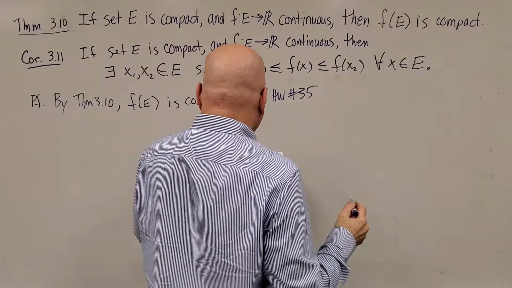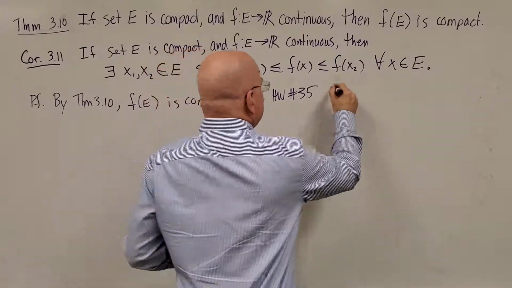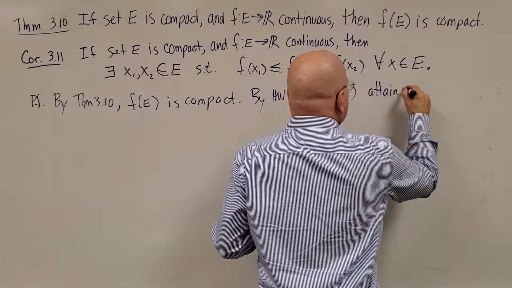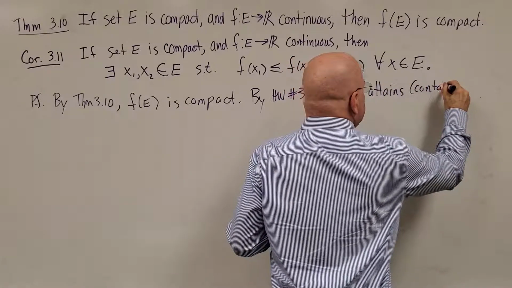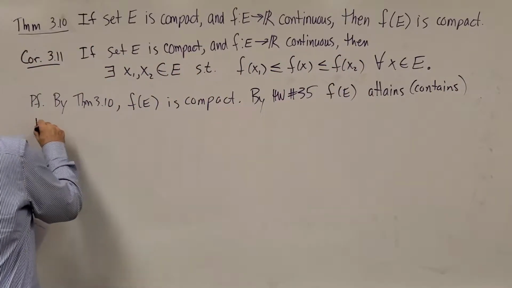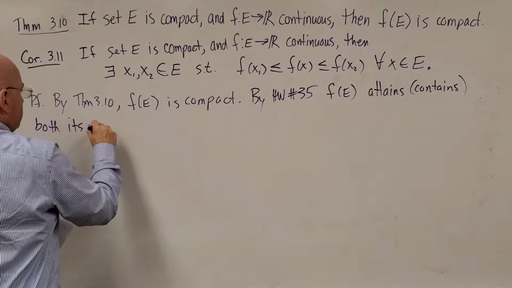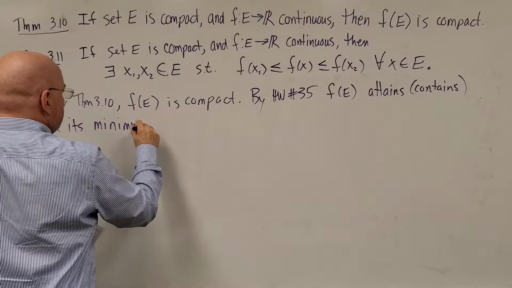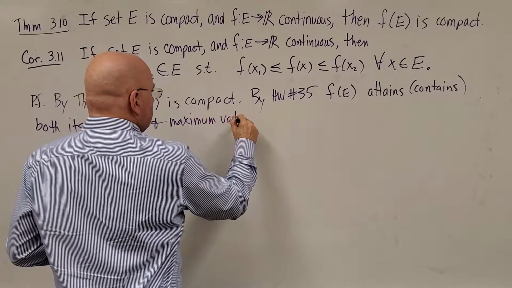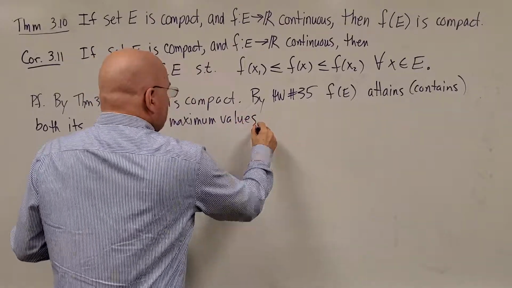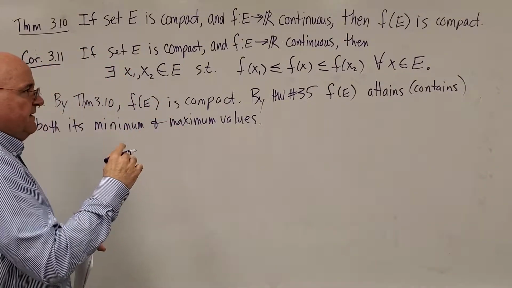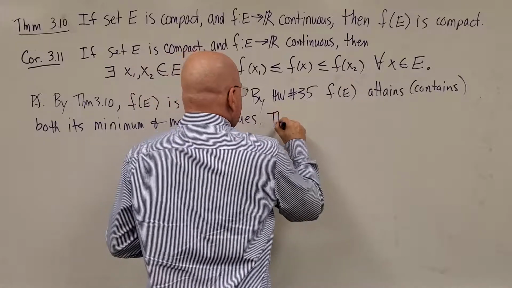So by homework number 35, f of E attains, or maybe a better word is contains, both its minimum and maximum values. Okay, so if f of E does, that means that there's an x1 and an x2.